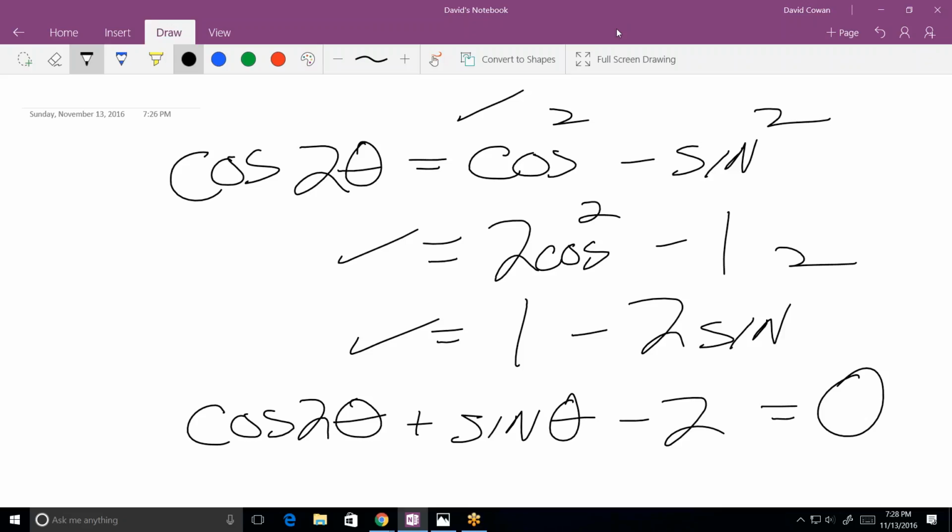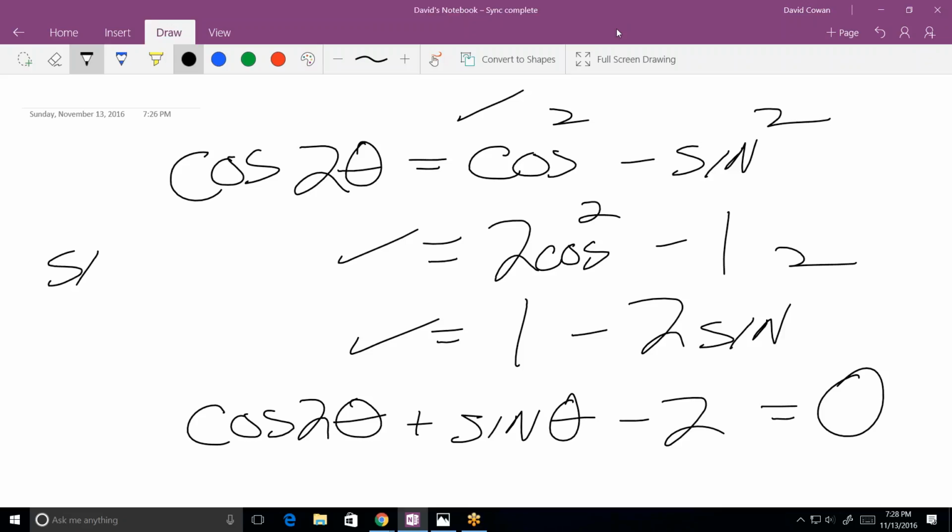I wouldn't want to use the first one because the solution for solving trig equations is to get everything in the same trig function. In other words, get everything in cosine or sine or tangent or whatever, but it's very hard to solve a trig equation if you have one trig function equal to another trig function.